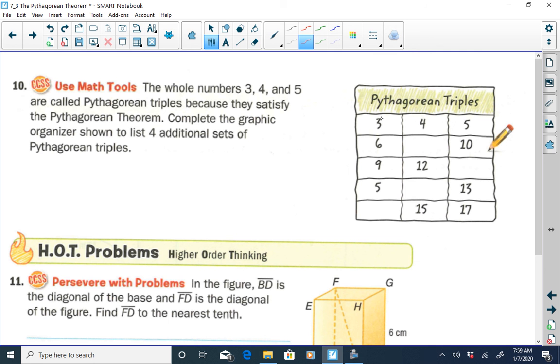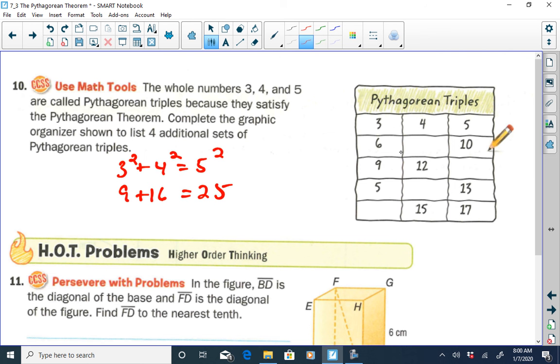Because 3 squared, which is 9, plus 4 squared, let's write that out: 3 squared plus 4 squared equals 5 squared. 3, 4, 5. It's very easy to remember. 3 squared is 9, 4 squared is 16, 5 squared is 25, right? So the 3, 4, 5 triangle is the most common Pythagorean triangle.